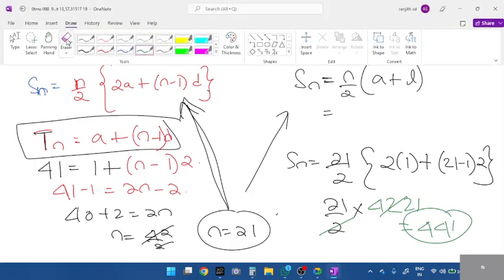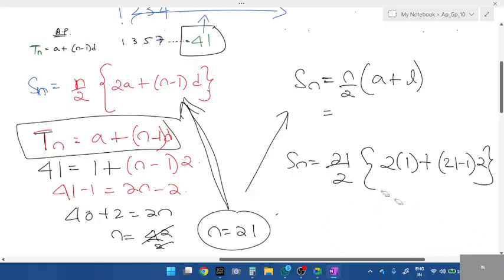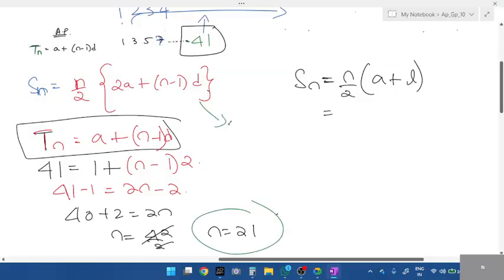What's the answer, students? 441. So the sum of the numbers 1 plus 3 plus 5 plus 7 and so on up to 41 is 441. Look, for both you get the same answer, 441.